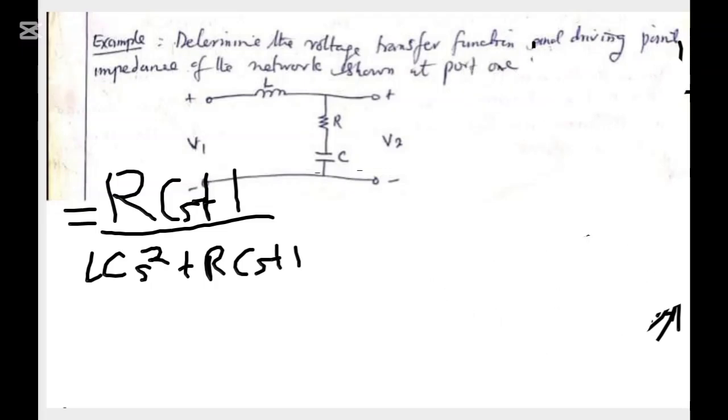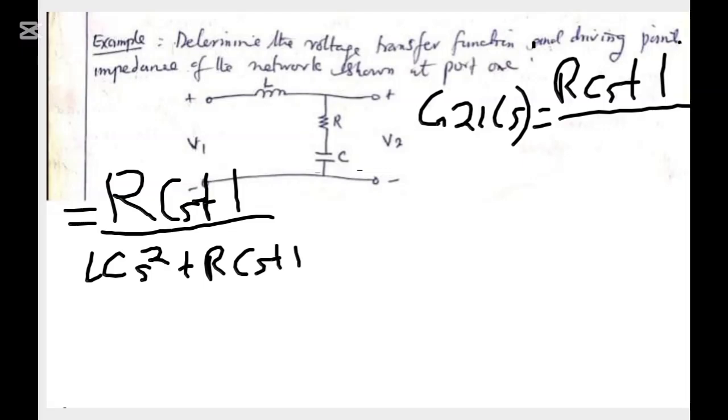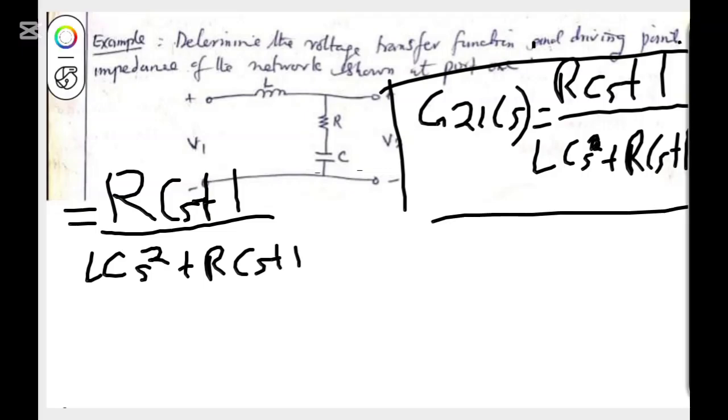So the G21 of S is the same thing as RCS plus 1 divided by LCS squared plus RCS plus 1. This is the final solution to the voltage transfer function.